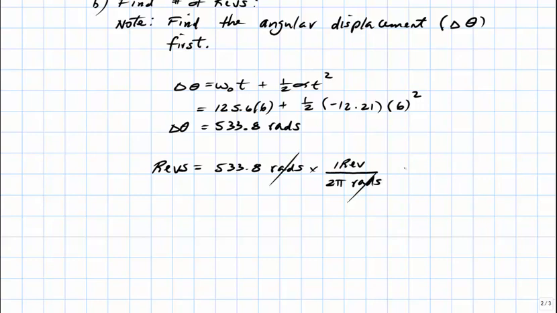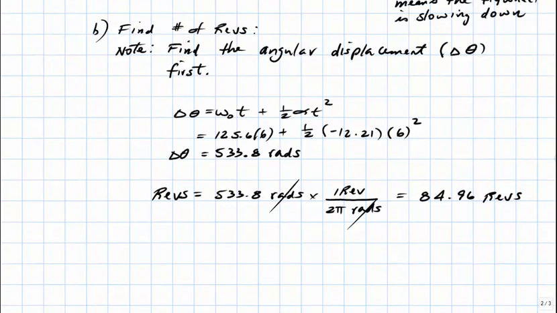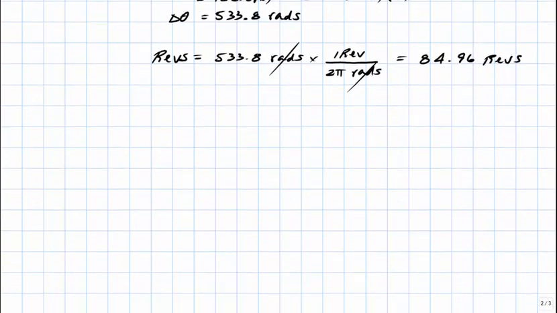The radians cancel, and the answer is 84.96 revs. And so the flywheel will rotate 84.96 times within that 6-second time frame.